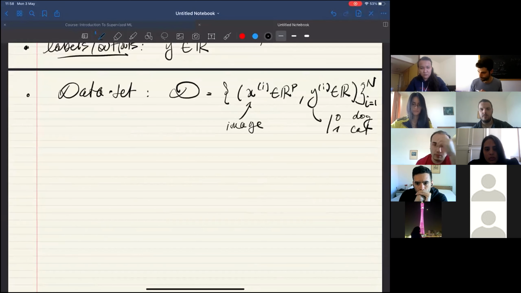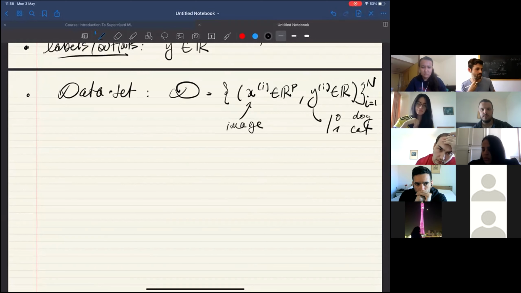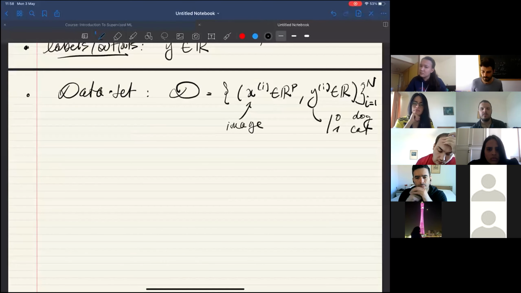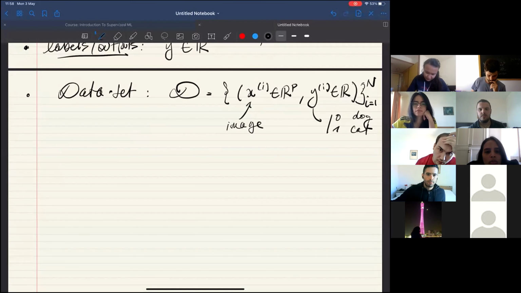I don't understand why you put 0 for dog and 1 for cat, because I think you base it on the pixels, on the proportion of the three main colors, right? I thought that you use the pixels to classify the dog or the cat.